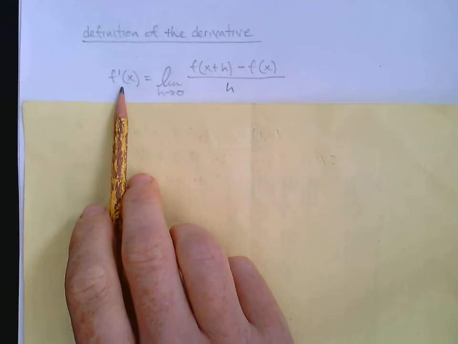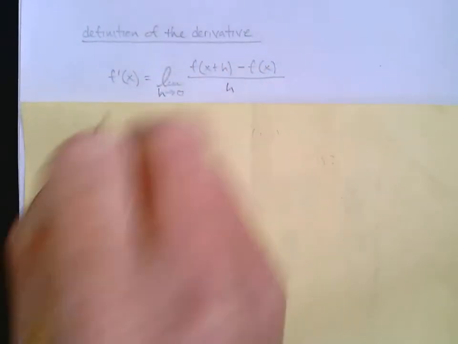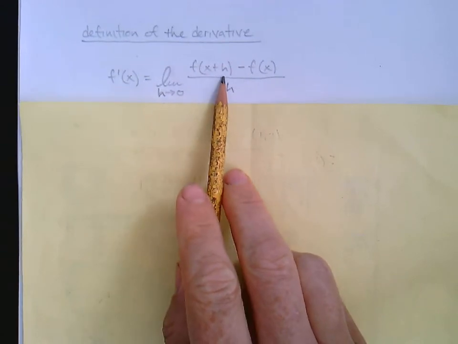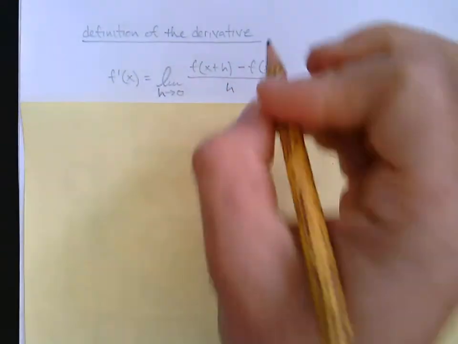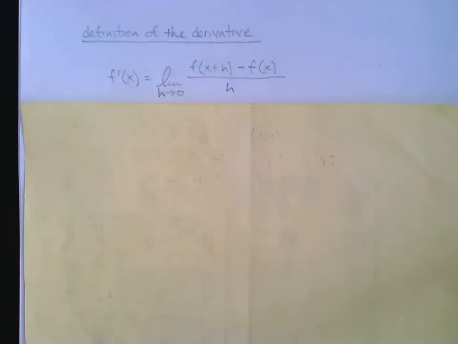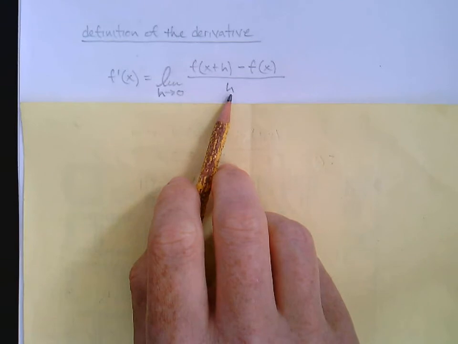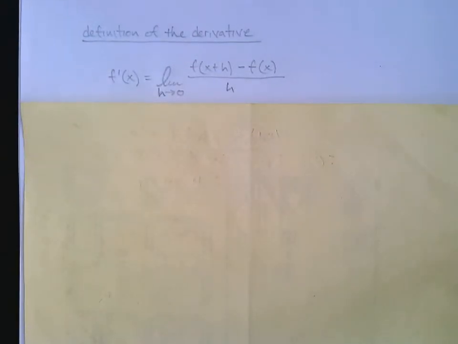So now it's f prime of x equals the limit as h approaches 0, f of x plus h minus f of x all over h. And there we have it, the difference quotient exactly as we know it. We throw a limit as h, our denominator, approaches 0, and that gives us the full picture, what we're going to call the definition of the derivative.